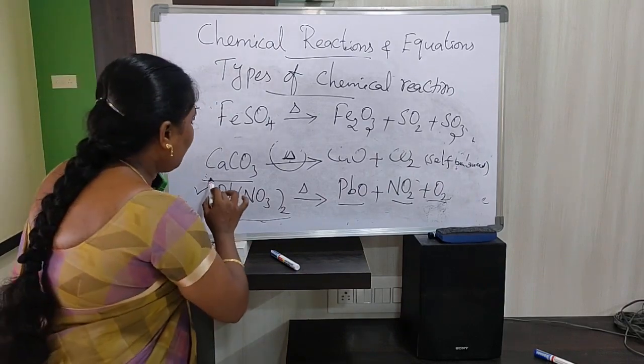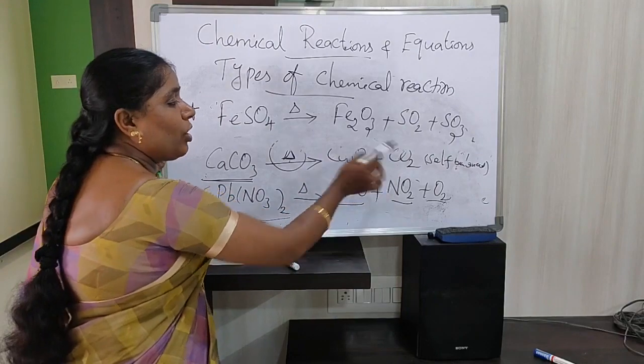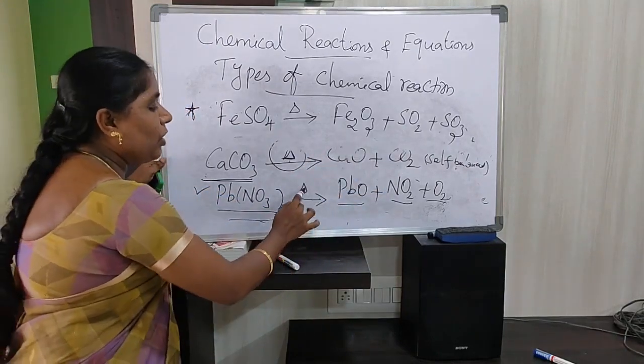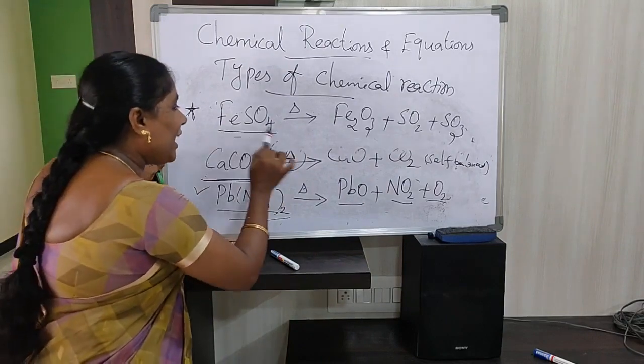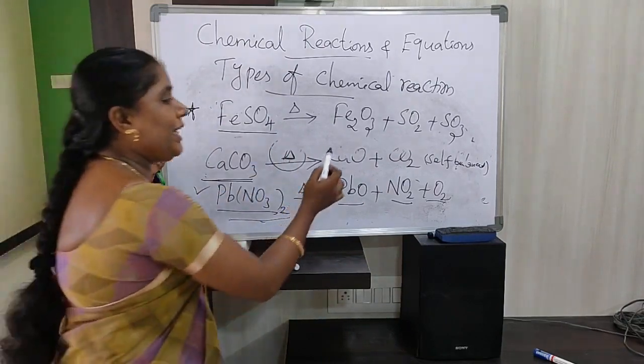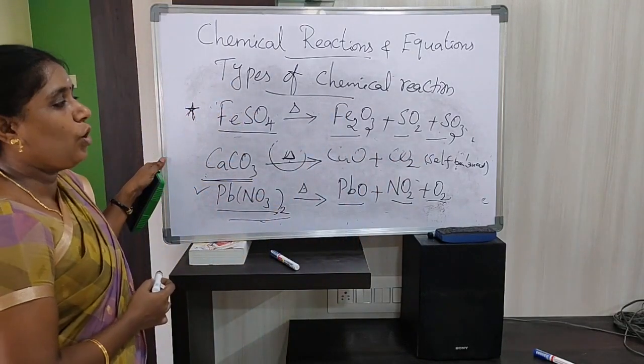See, in these decomposition reactions, calcium carbonate on heating gives calcium oxide and carbon dioxide. Lead nitrate on heating gives lead oxide, nitrogen dioxide and oxygen. And iron sulfate, that is ferrous sulfate, on heating gives ferric oxide, sulfur dioxide and sulfur trioxide.